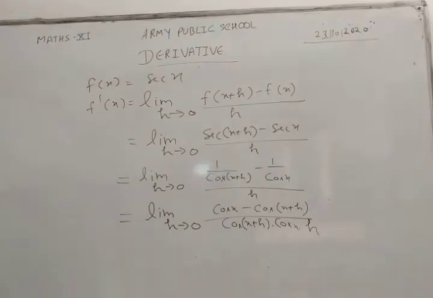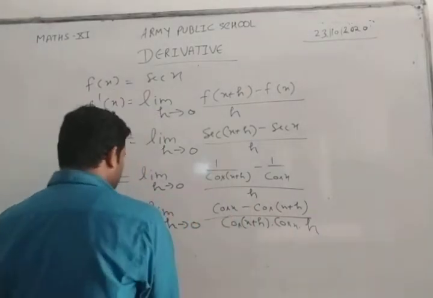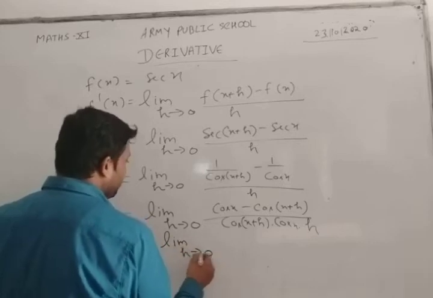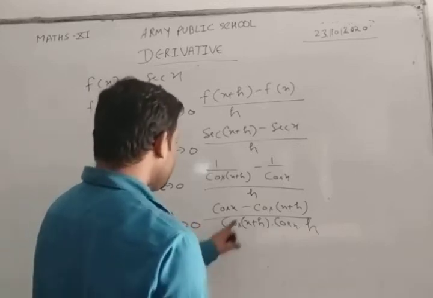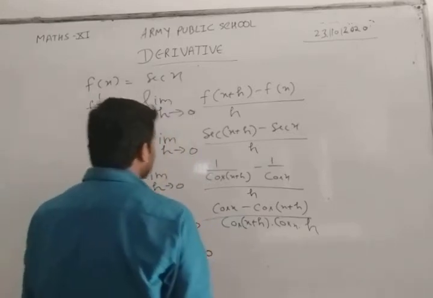Now take limit h tends to 0, cos c minus cos d. So it will be what?